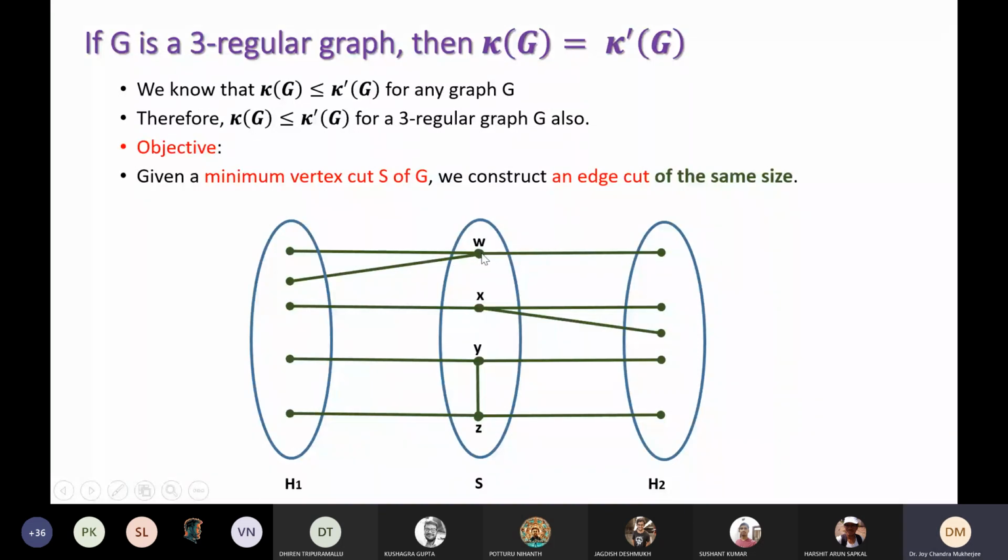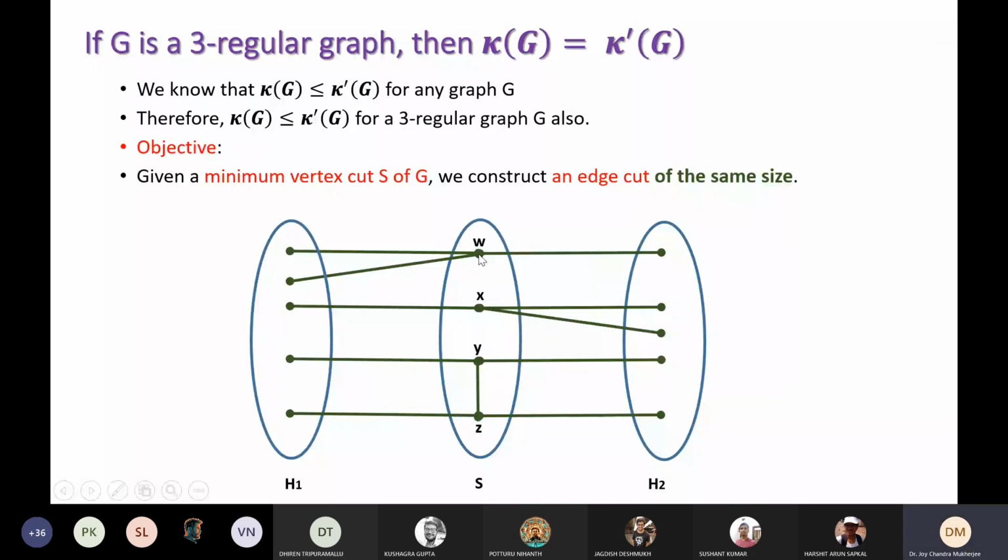If it is in H1, it is like this. If it is in H2, the case is like this. For the vertex X, both edges are there and the third edge is there. And there is a third option: the third edge is amongst the vertex cut itself. So these are the three options possible.